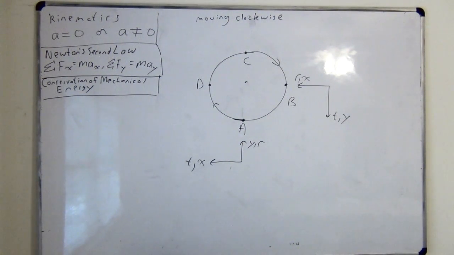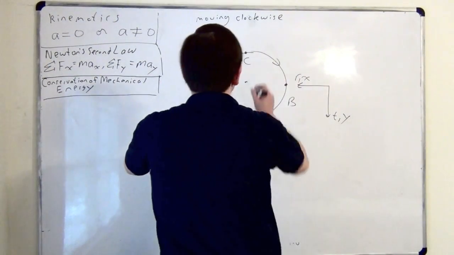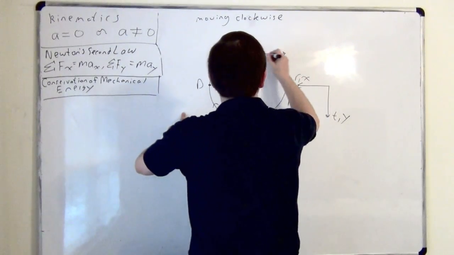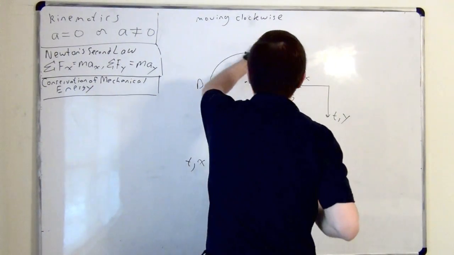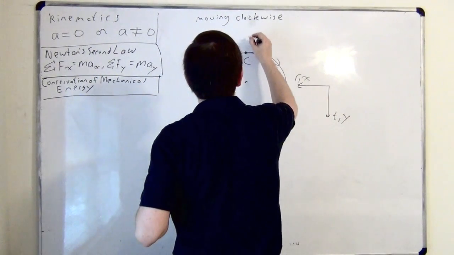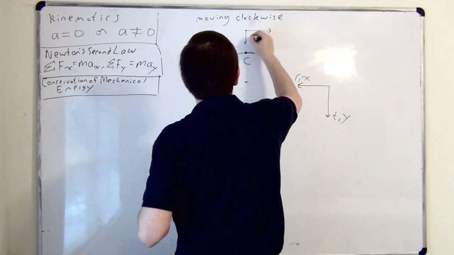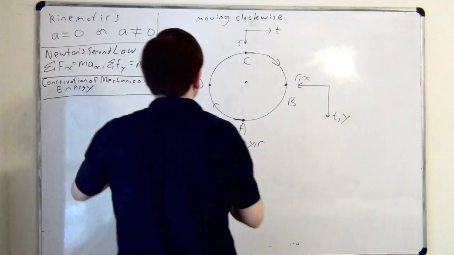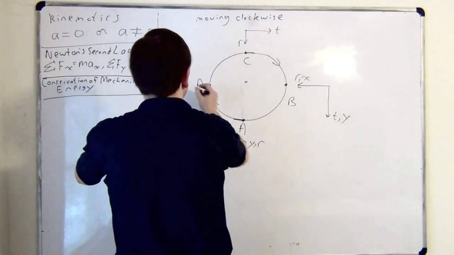Okay. How do you decide whether this should be pointing left or right? This one? Because of moving clockwise. You're right. Good. So here's tangential, and here's the radial axis, since we're moving in this direction.